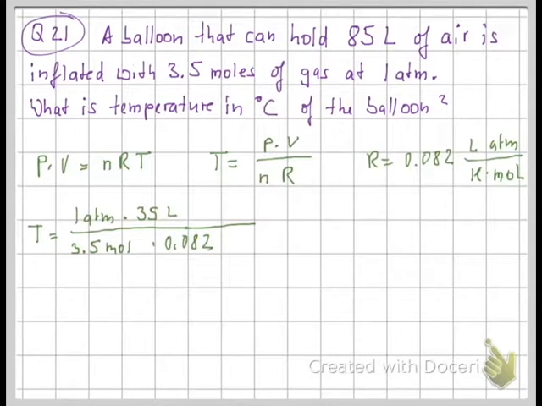What's on top of the fraction stays with the 0.082 times liters times atmosphere. What's below needs to get shifted up, because if you're dividing by division, it's basically a multiplication. So the Kelvin and the moles go to the top. And hopefully the units cancel to where you end up with a temperature of K. So we got to end up with K.